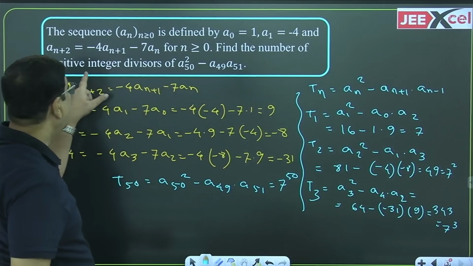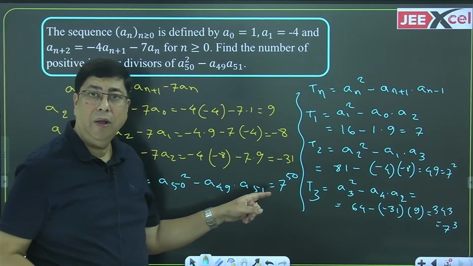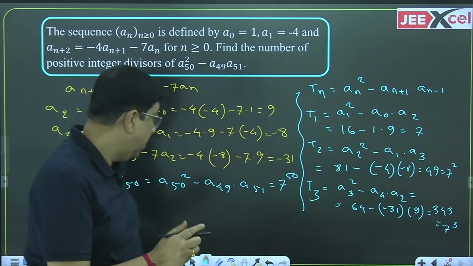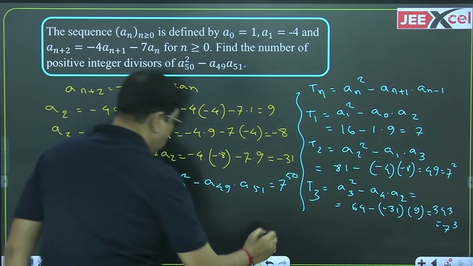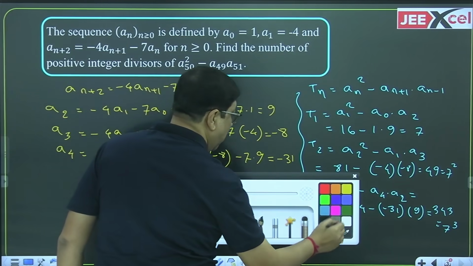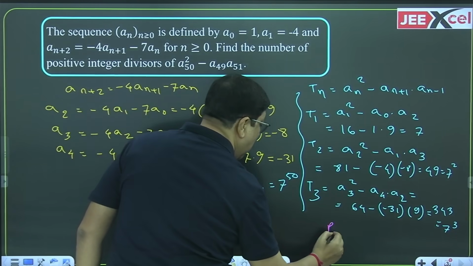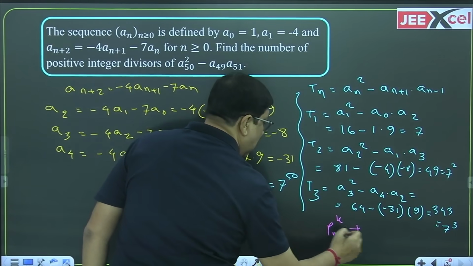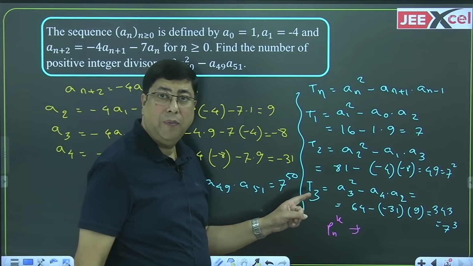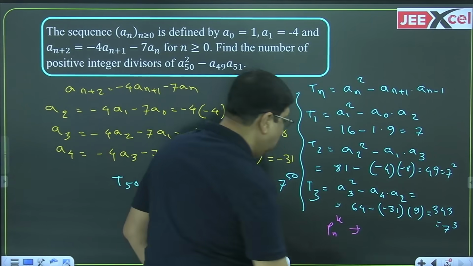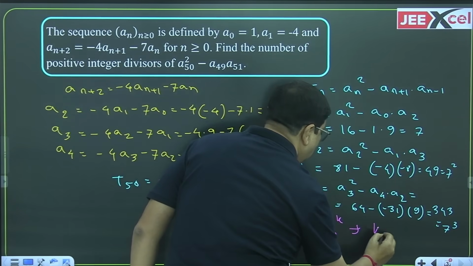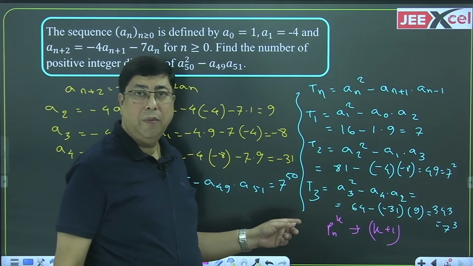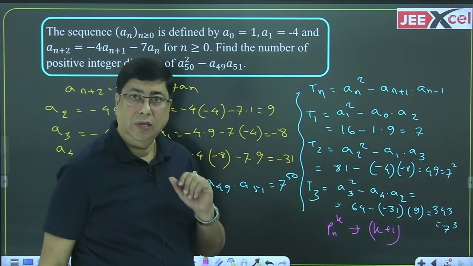Therefore, 7 is a prime number. And as we know, and it's very important to remember, that for p to the power k, if p is a prime number, it has k plus 1 integral divisors, because in this case 1 is also a divisor.